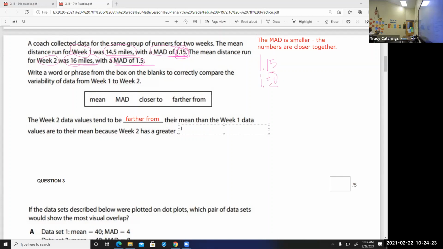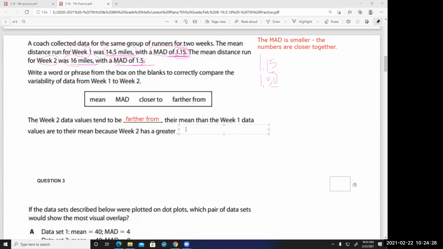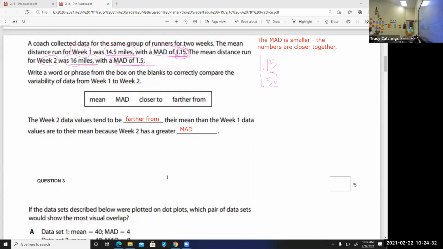That wasn't the mean. Good job. We compared the mean absolute deviation, MAD. Any questions about it? So if they ever ask you which one has values that are closer together or farther apart, make sure we look at that MAD to help us determine it.